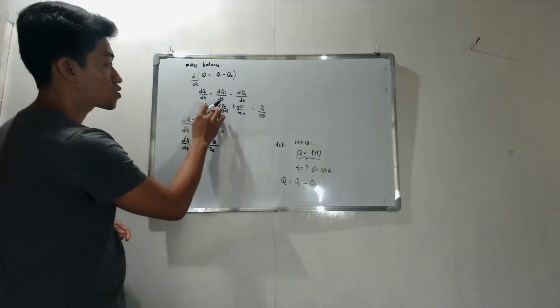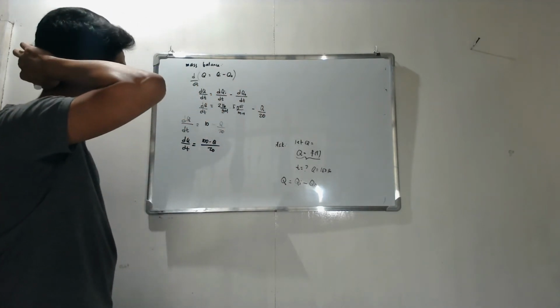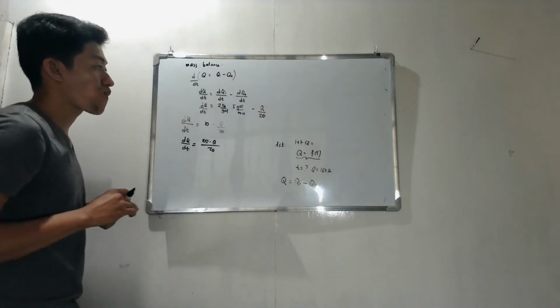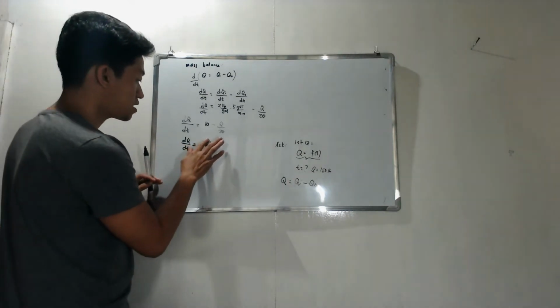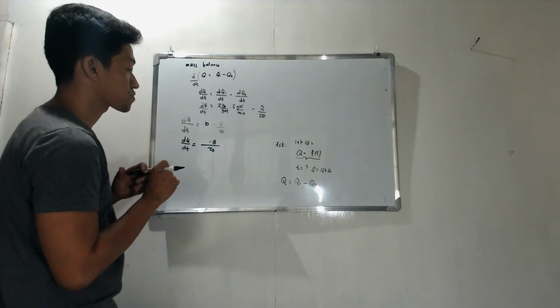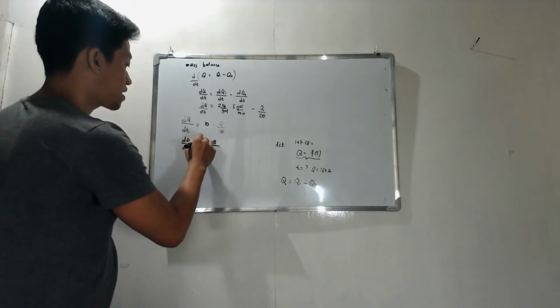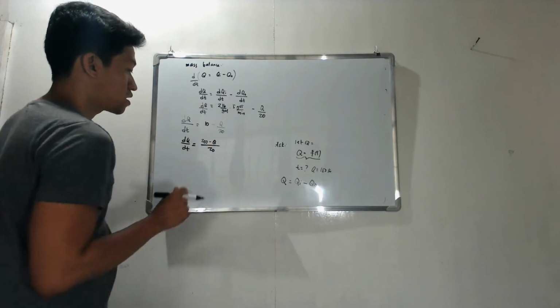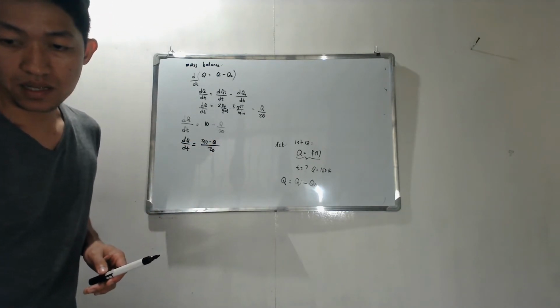So this is 2 pounds per gallon times 5, the volume flow rate. So this is now 200.